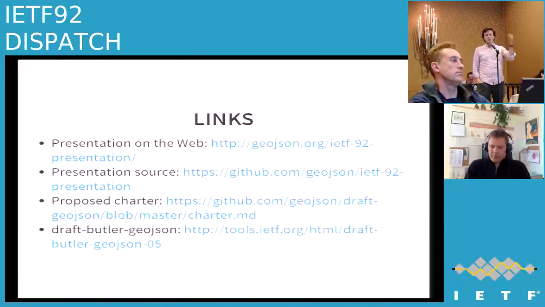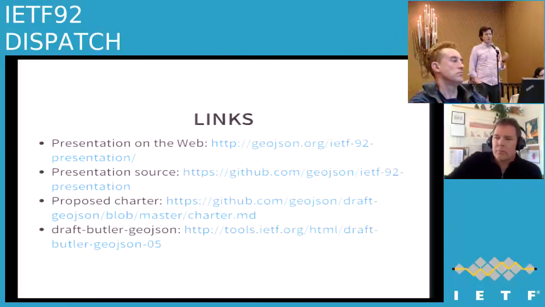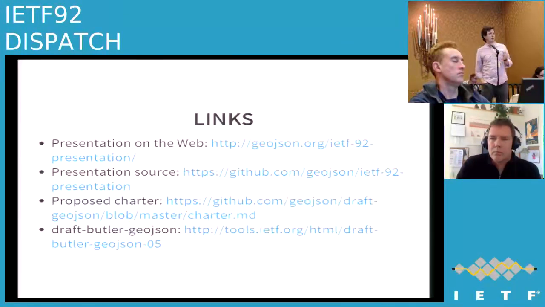Really, the space of concepts in this geo stuff is fairly limited, and GeoJSON has a history of using GML as a touchstone, and so I think that I have high hopes for interop. It's something I think that we should keep an eye on as this work progresses, but I don't think it's a blocker.